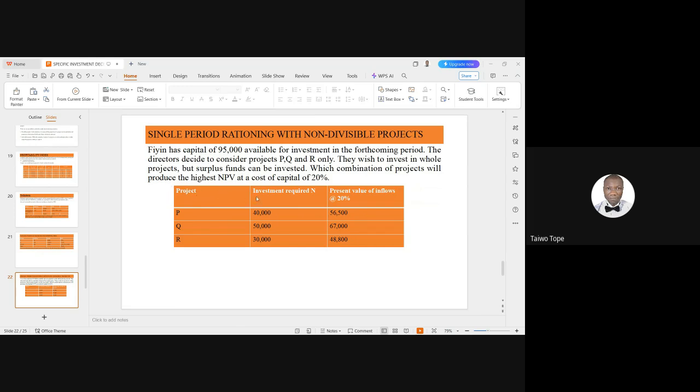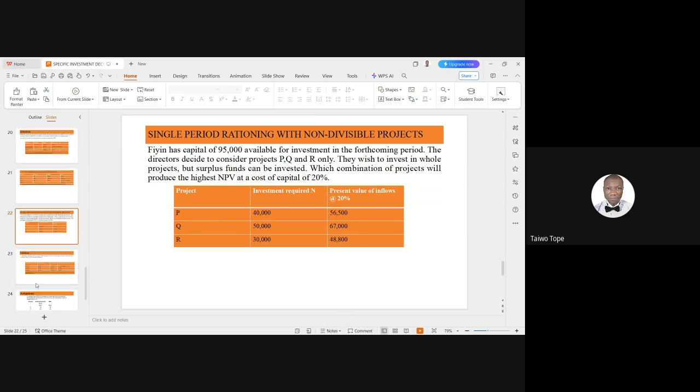They wish to invest in whole projects, but surplus funds can be invested. Which combination of projects will produce the highest NPV at a cost of capital of 20%?